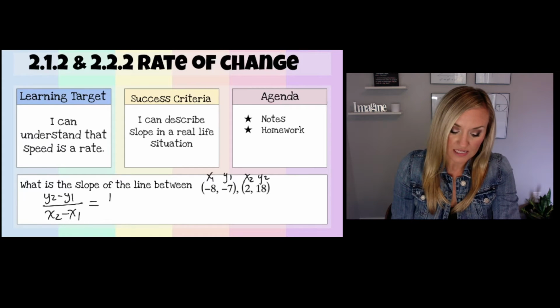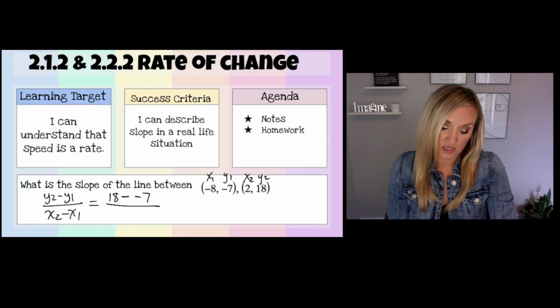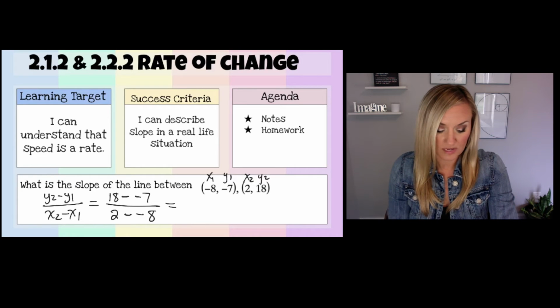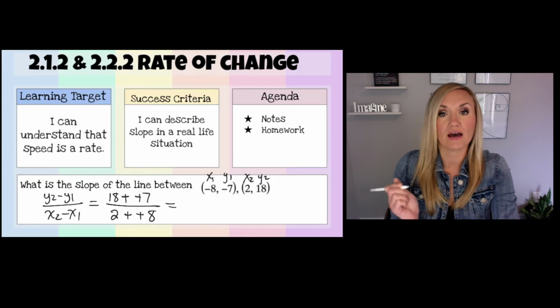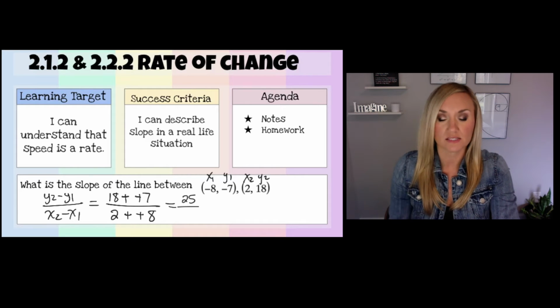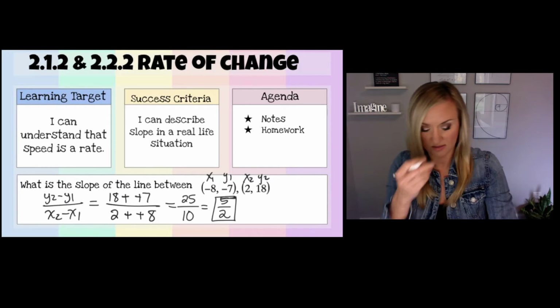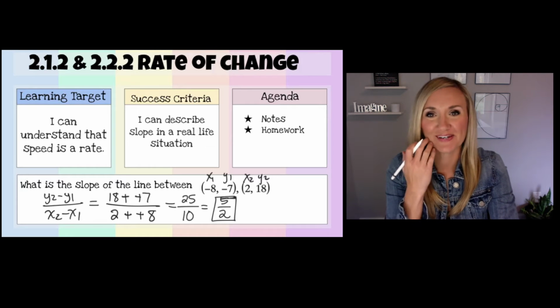So we have 18 minus a negative 7 over x2, which is 2, minus a negative 8. And when we have two negatives, we know that a negative times a negative is a positive. So we have 18 plus 7, which is 25, over 2 plus 8, which is 10, and that is going to reduce to 5 over 2. Our slope is 5 over 2.